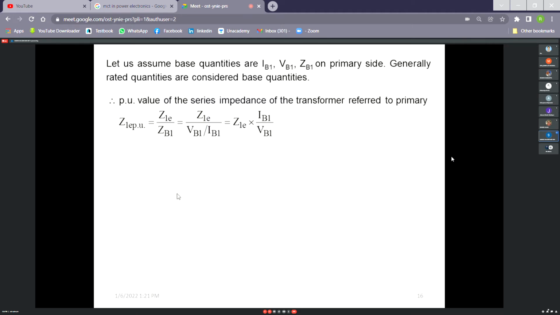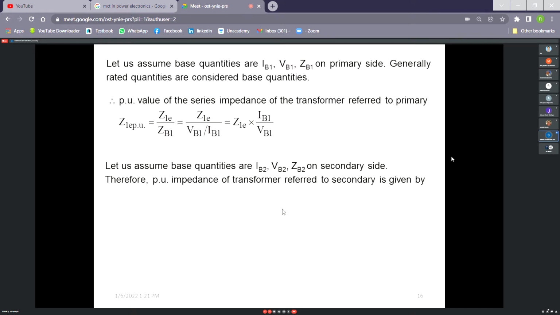So the per unit value of the series impedance referred to primary, we calculate by dividing it by the base impedance of the primary side, ZB1, that is VB1 by IB1.